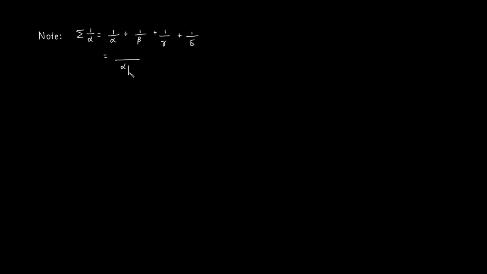Simplify that, and you will find out that sigma 1 over alpha is equal to sigma alpha beta gamma over alpha beta gamma delta. By the way, sigma alpha beta gamma is the sum of the products of the roots taken three at a time.